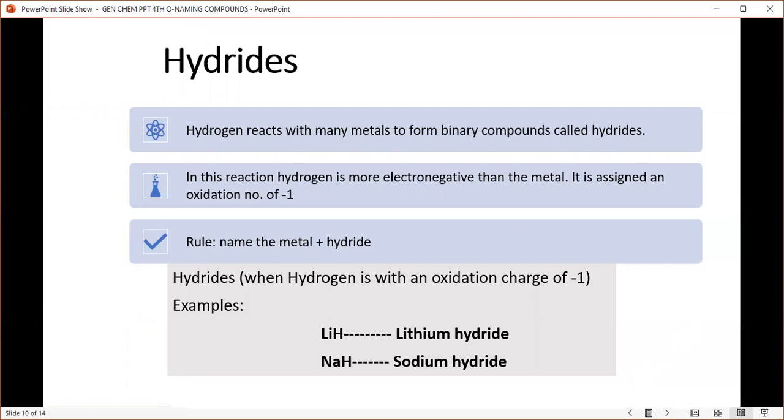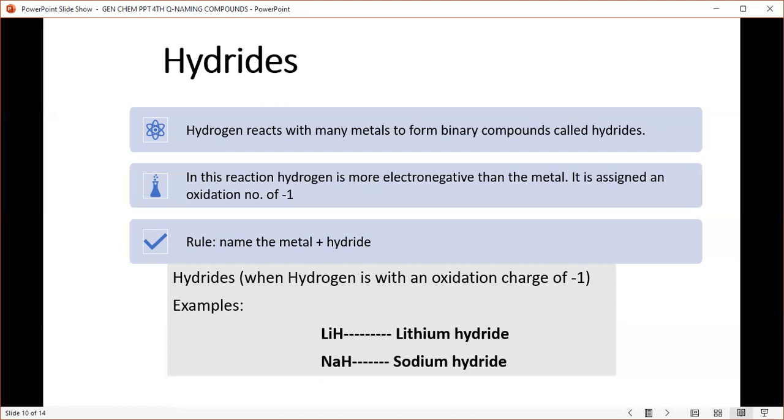Hydrides are hydrogen and a metal. In this reaction, hydrogen is more electronegative than the metal. It is assigned an oxidation number of -1. Usually you see hydrogen has an oxidation number of +1, but for hydrides, the oxidation number used is -1.